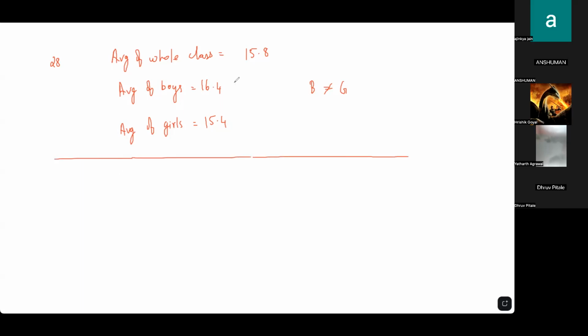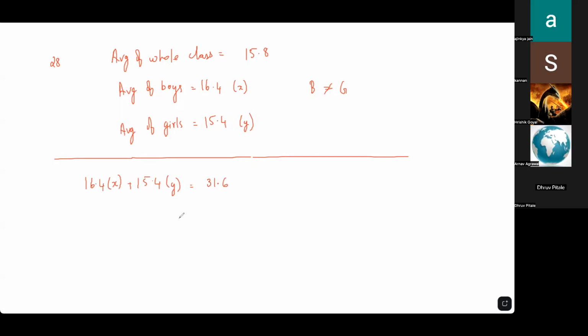So now let number of boys be x, number of girls be y. So अभी एवरेज कैसा आएगा? 16.4x plus 15.4y, divided by, sorry, I made a mistake.